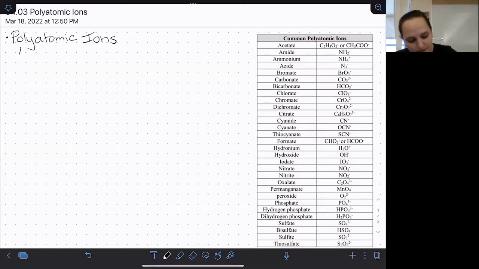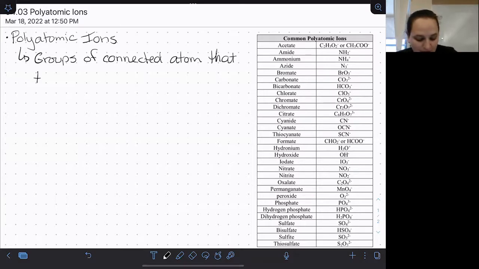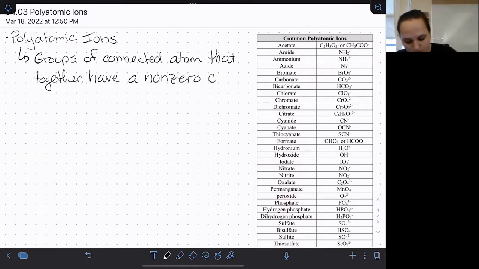So polyatomic ions are just groups of connected atoms that together have a non-zero charge. So within a polyatomic ion, the atoms are actually connected by covalent bonds.